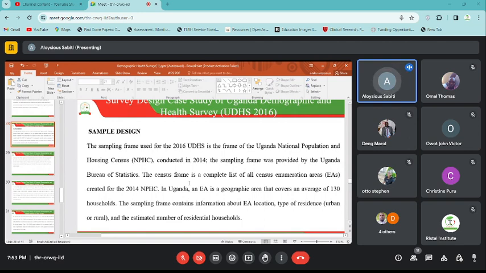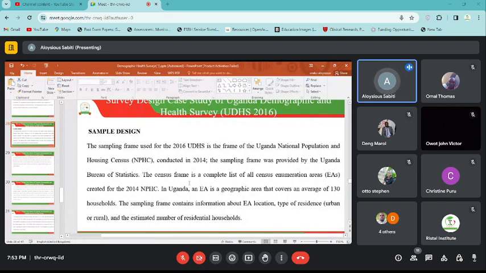The census frame is a complete list of all census enumeration areas created for the 2014 National Population and Housing Census. So in Uganda, an enumeration area is a geographic area that covers an average of 130 households. So now this is what we call a sample design. So if you're designing your research area according to households, from this example, you can see that an enumeration area was a place where there were 130 households.